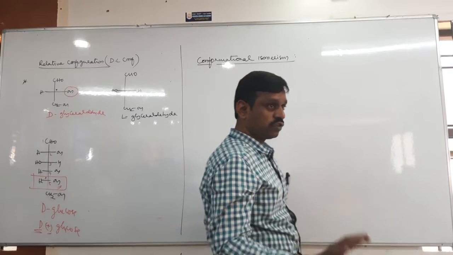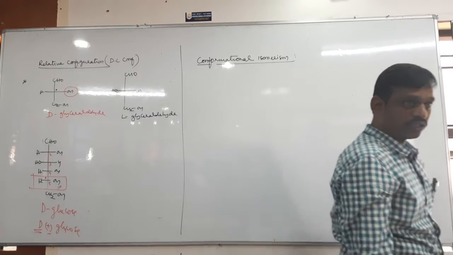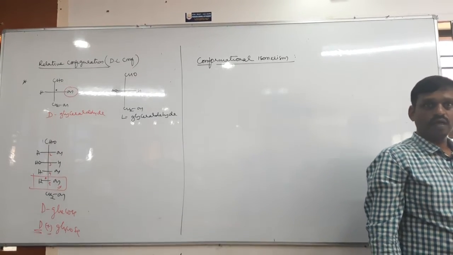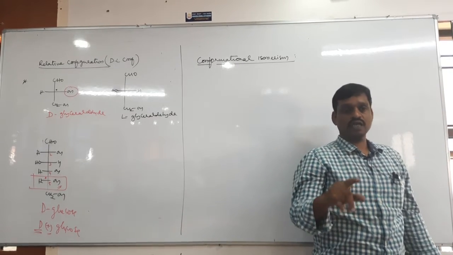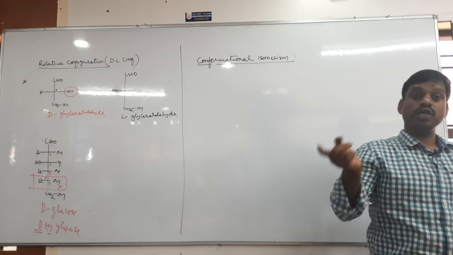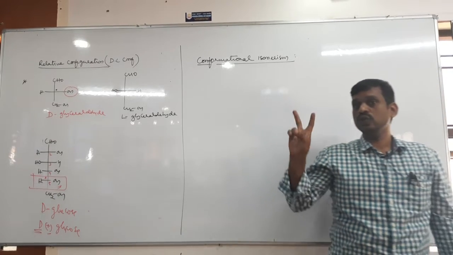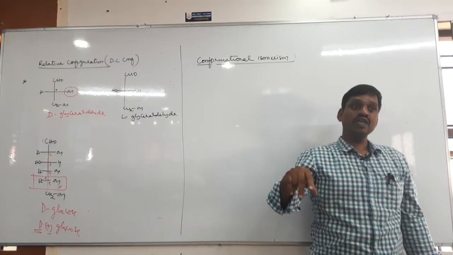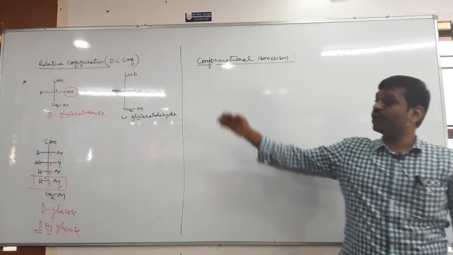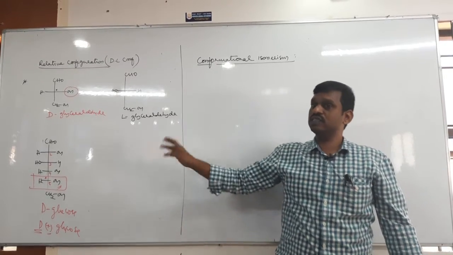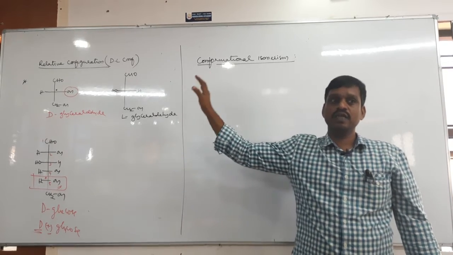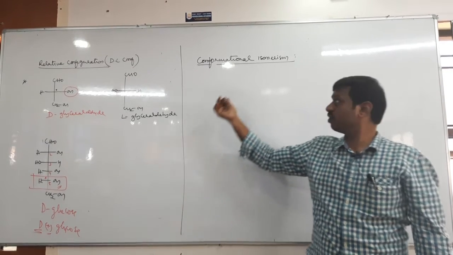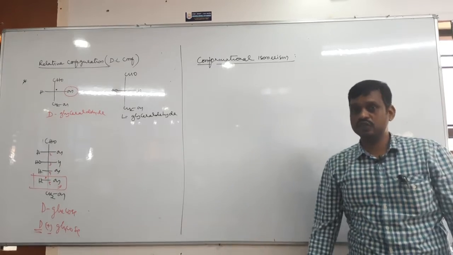So far we have studied structural isomerism. Isomerism is basically of two types: one is structural, the second is stereo. Stereoisomerism is further classified into two types: configurational and conformational. So far we have studied configurational isomerism. Cis and trans and optical, all these come under configurational isomerism. Then we will study conformational isomerism.